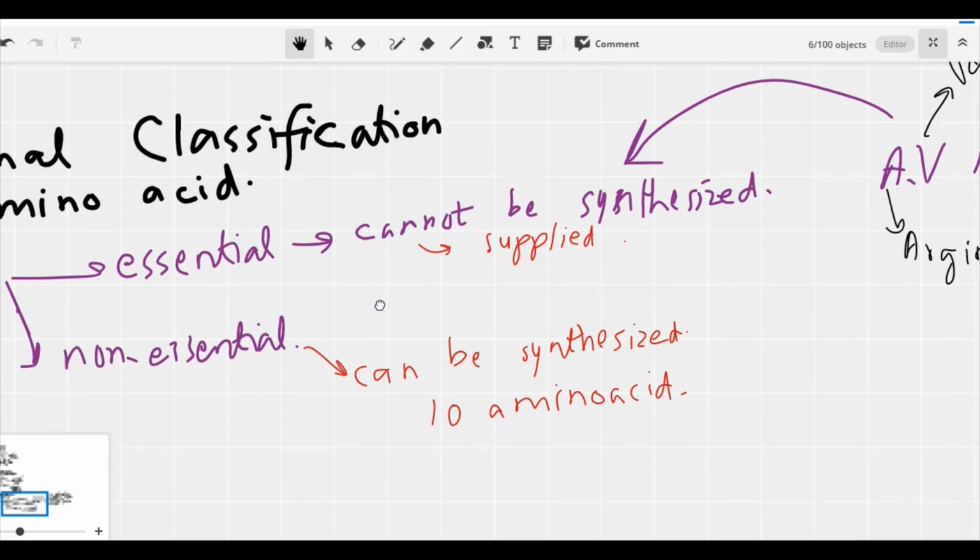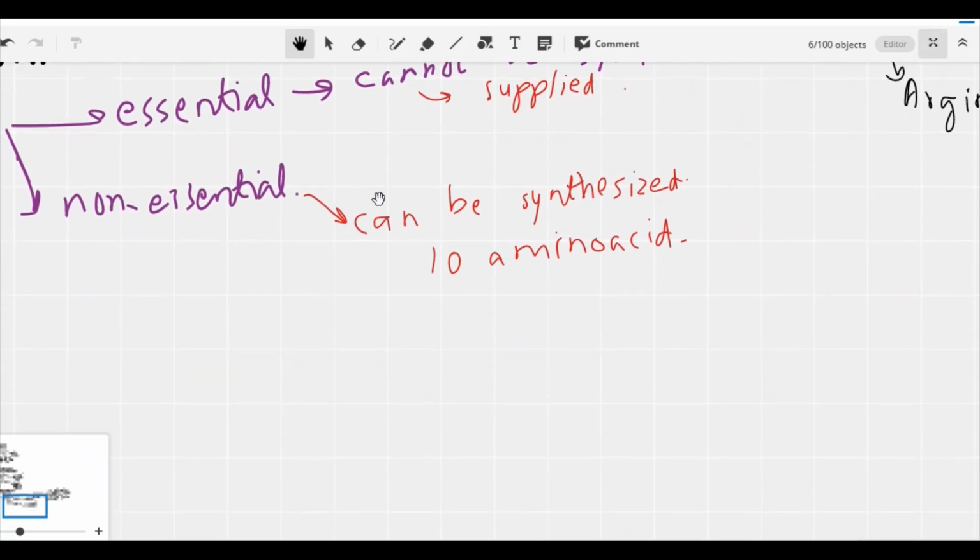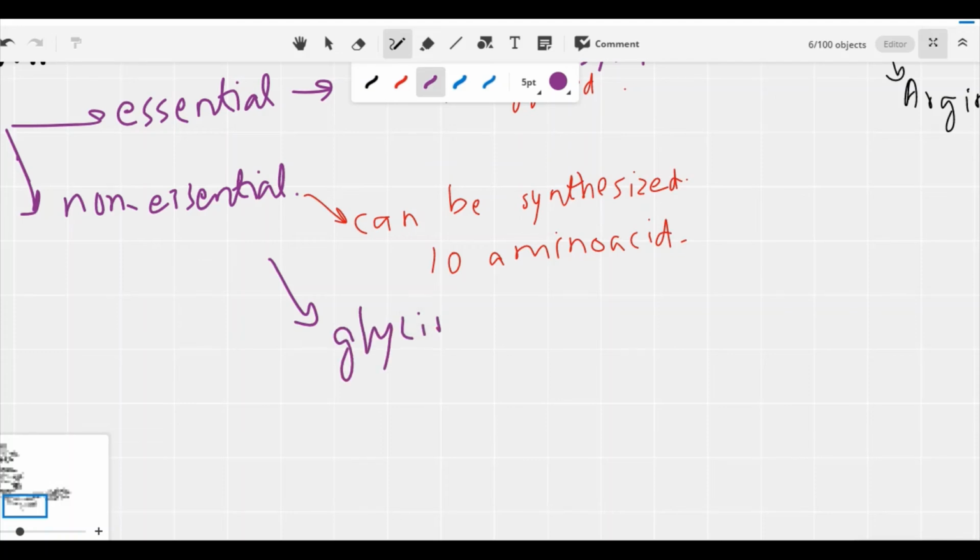Okay, now the non-essential amino acids: the body can synthesize about 10 amino acids, as I wrote here, to meet the biological needs, hence they need not be consumed in the diet. So these are glycine, you have to write the ones other than those 10.